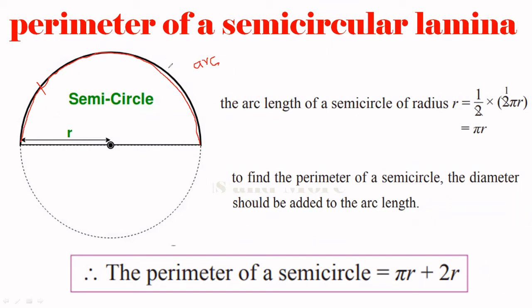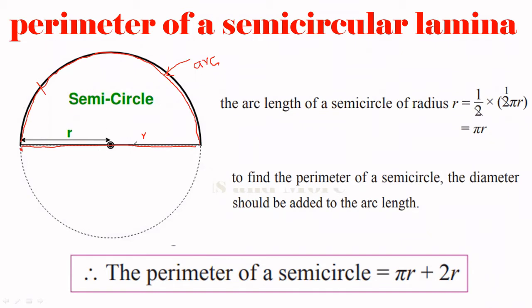This line is called an arc. So you have to get that semicircular arc. And from here to here, this length is called the radius. So here to here also, it is the radius. Then r plus r, you have to get this line also because perimeter means length around the figure.